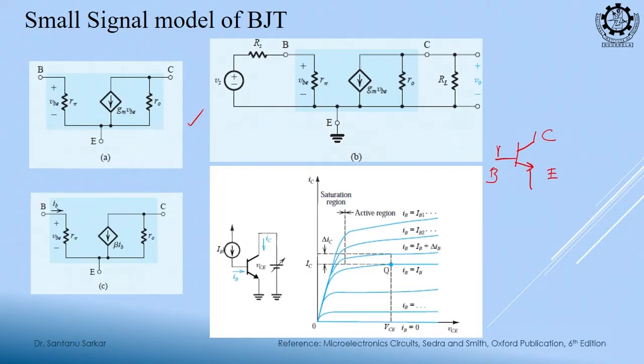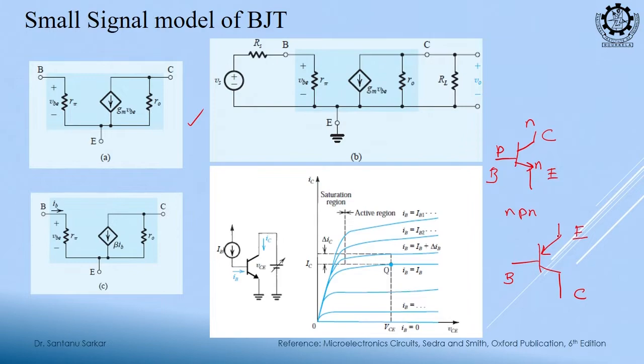So, this should be P, this should be N, this should be N. First tell me which terminal? Emitter, wherever the arrow is, it is the emitter, this is base, this is collector.